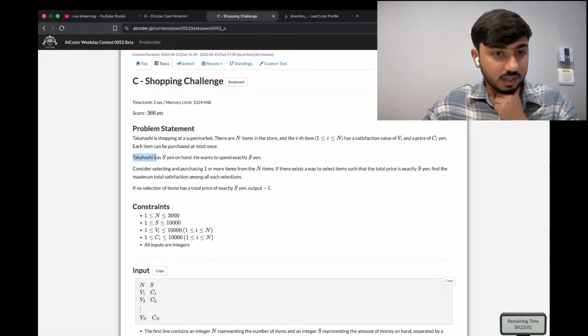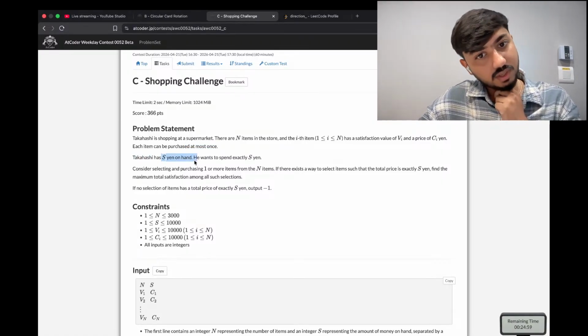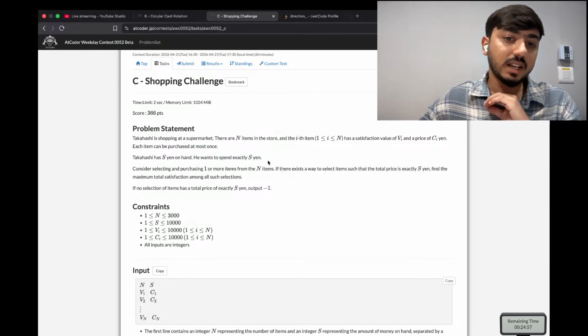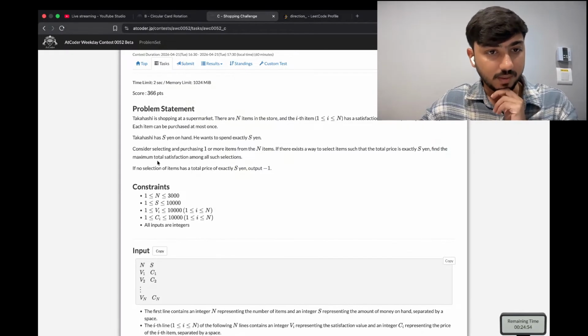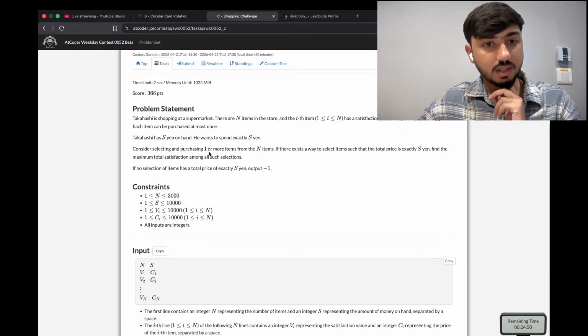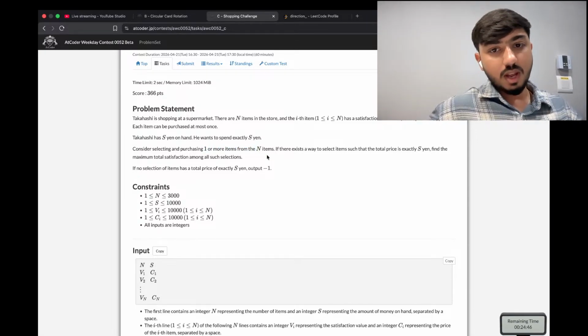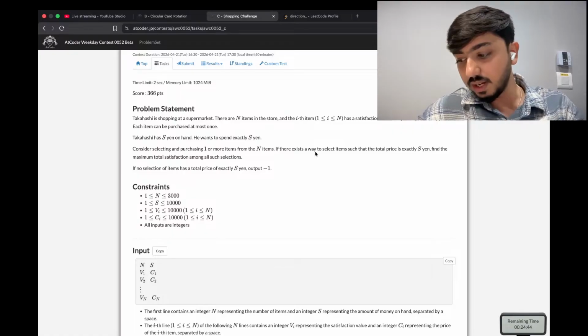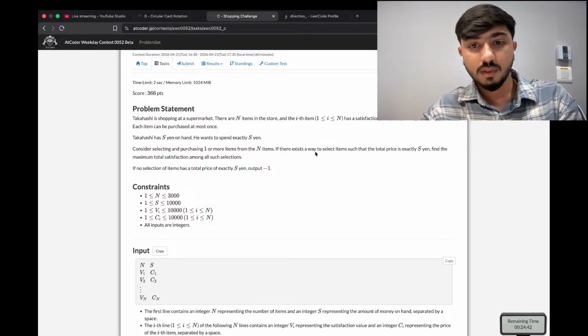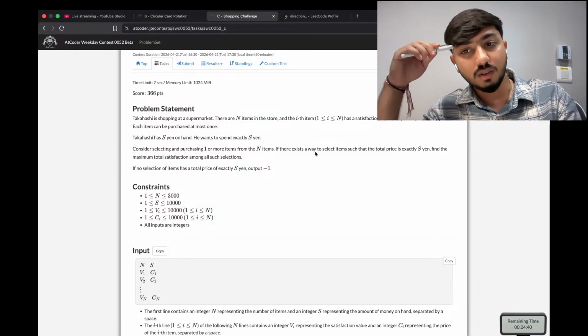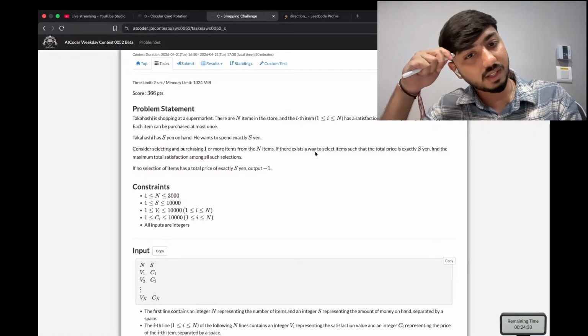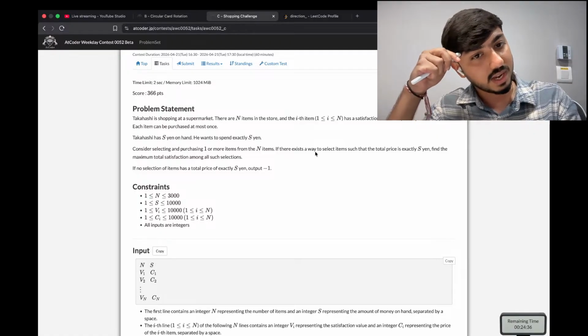Takashi has S yen in hand. He wants to spend exactly S yen. Consider selecting and purchasing one or more items from the store. If there exists a way to select items such that the total price is exactly S, find the maximum total satisfaction among all such selections.